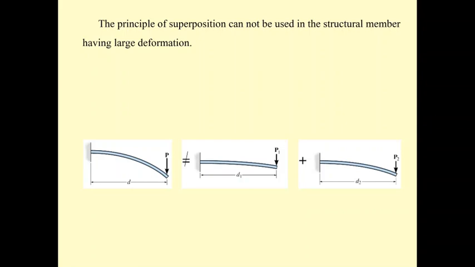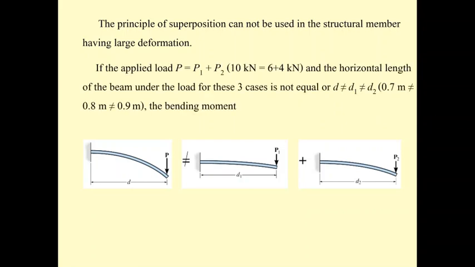The principle of superposition has a limitation for large deformation, because for large deformation, the distance d, which is the moment arm due to the applied force, will change with the size or magnitude of the beam deformation.